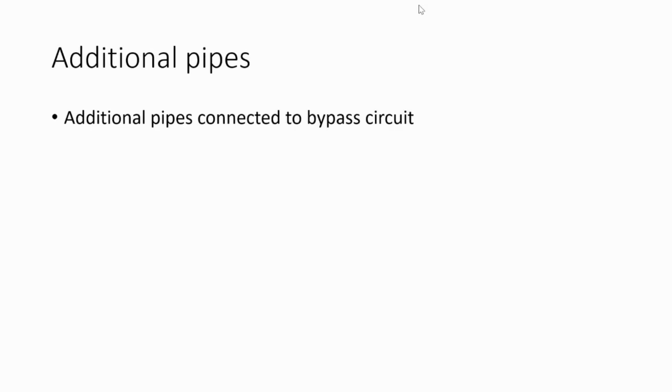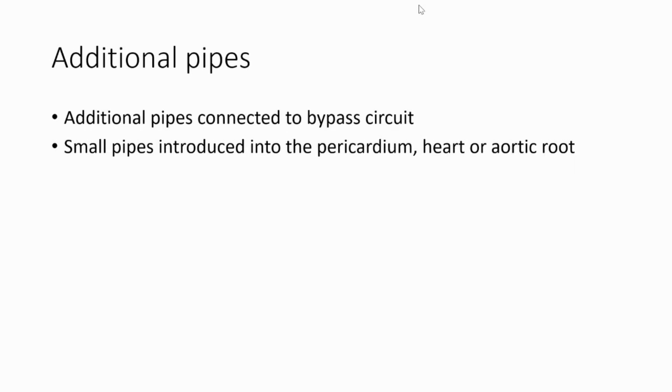We don't want to lose all this blood and throw it all away and then have to retransfuse blood from the blood bank. That doesn't make sense. So because we've given heparin and the ACT is above 400 in general, we can use small suckers that are also connected to the bypass circuit to suck any blood in the operative field out, return it to the bypass machine, and put it back into the patient's systemic circulation. And we have three pipes that we can use to do this, that each one has a color.